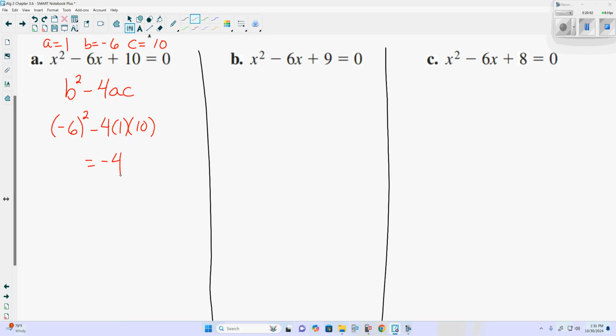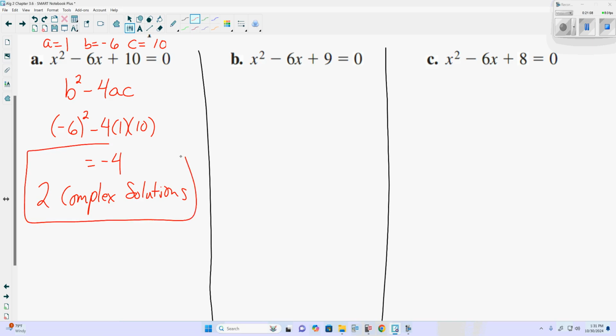Now, is that greater than 0, equal to 0, or less than 0? Less than 0, so what do we have? 2 complex. Did we find the discriminant? Yes, -4.